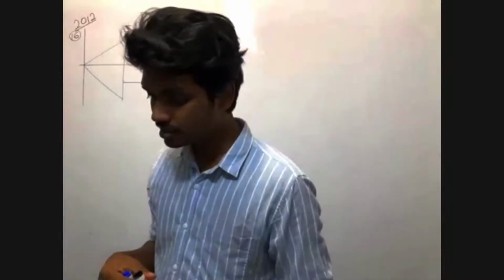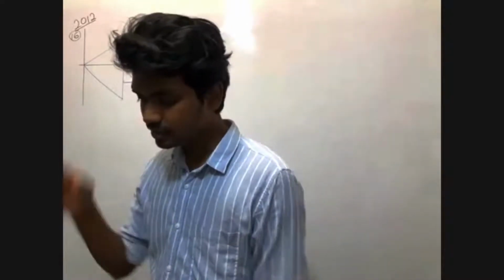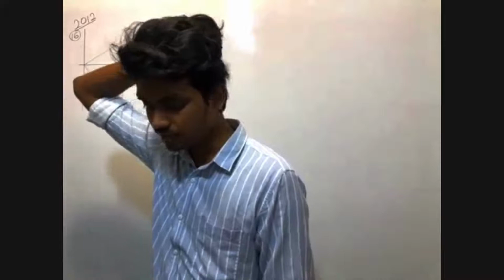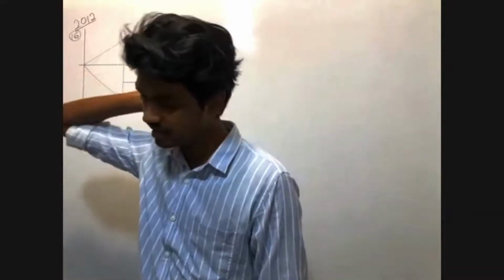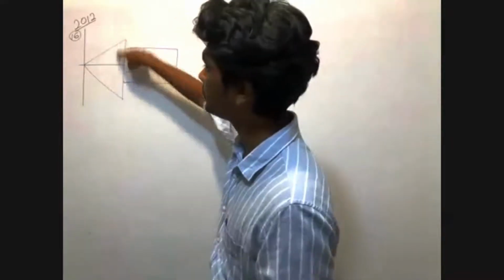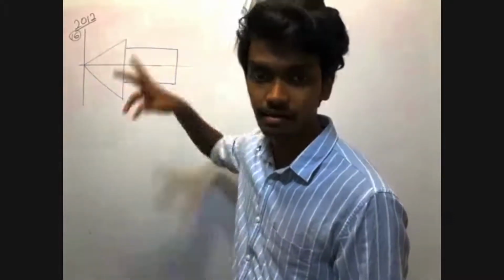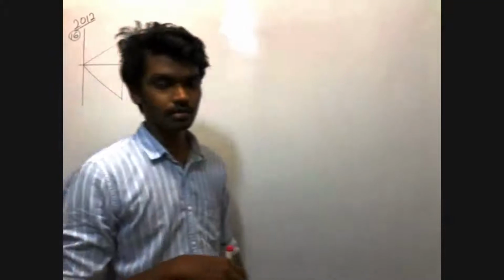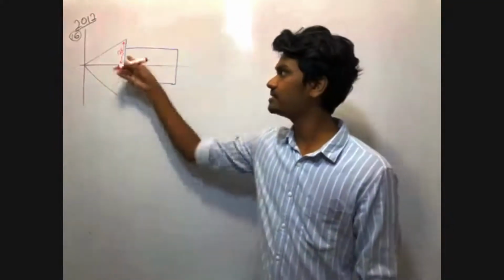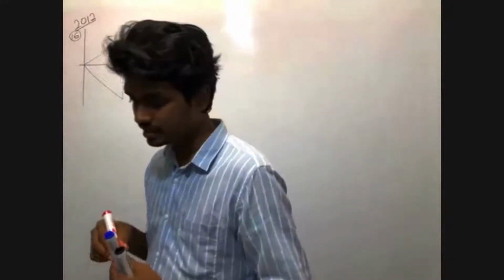So let's mark the data. A uniform solid composite body of a right circular cone of base radius 3r. So the base radius of this cone is 3r, and height h.